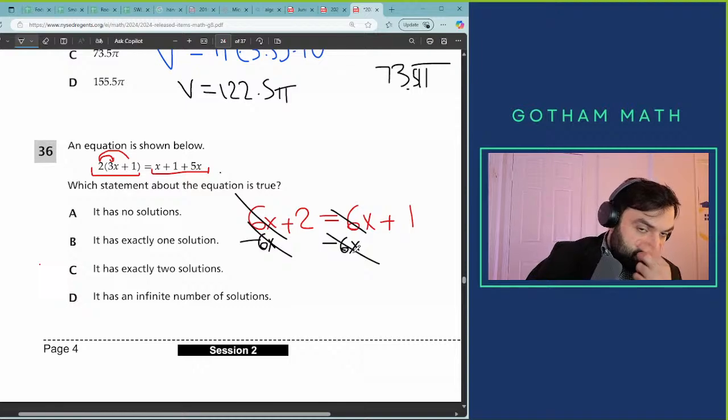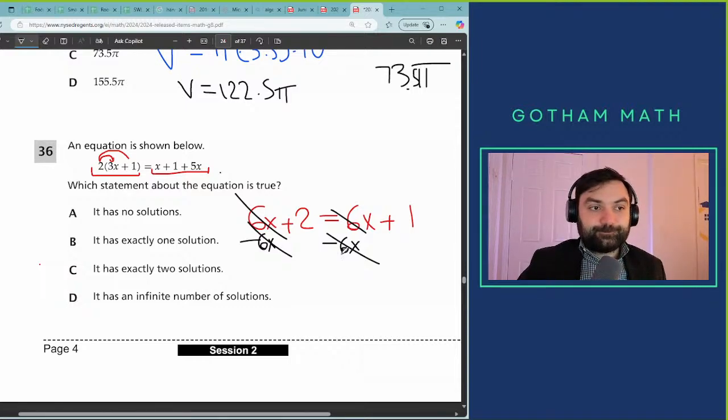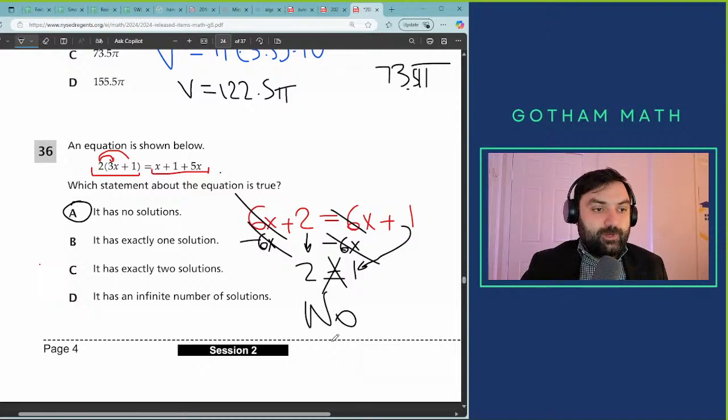So obviously, this cannot be solved any further, and it means that there are no solutions. That's pretty much it. If all variables go away but numbers stay, it's no solutions.